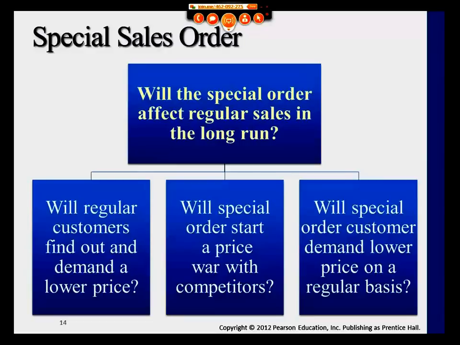So when managers are looking at these questions, the main thing they want to understand is, is it worth it to take this special order and complete it, or is it better to reject it? And as you see, not all of the answers to these questions can be quantified, right?